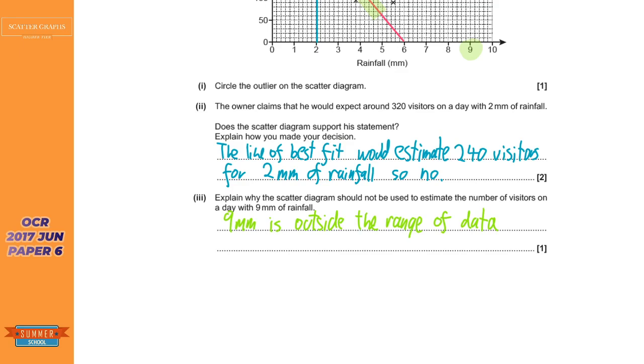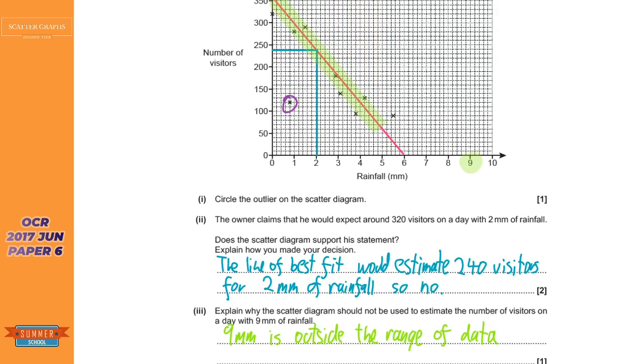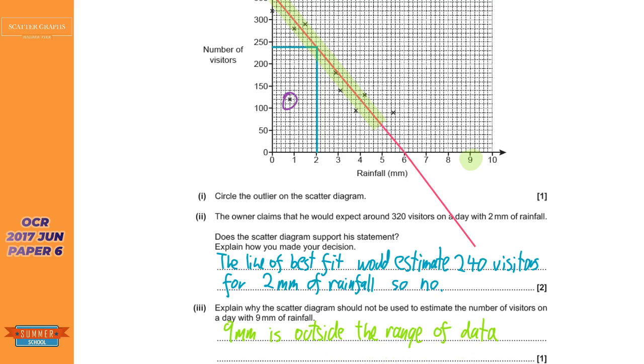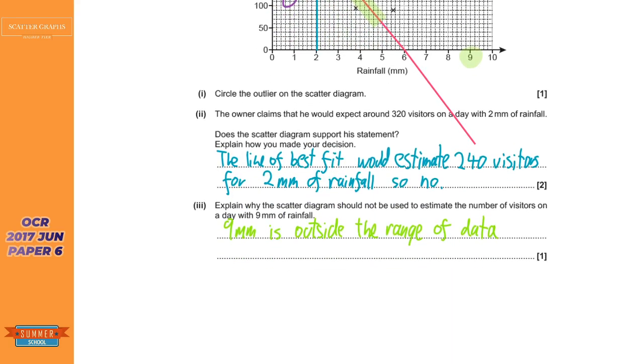I would imagine for this question you don't need to do that. You could also highlight the fact that if the line of best fit continues, for 9 it's actually negative if you have a look. So it actually will be minus visitors, which you obviously can't get. So you could highlight that, and you'd still get the mark.